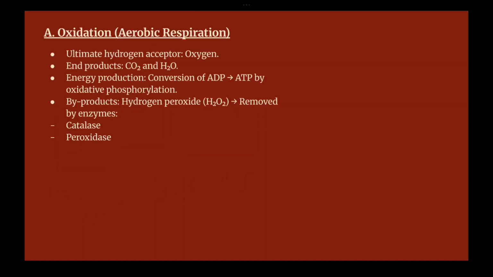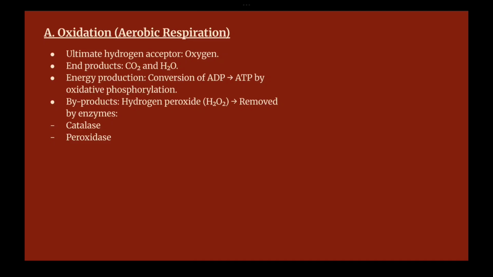Now, oxidation or aerobic respiration. Here, the ultimate hydrogen acceptor is oxygen. So, in aerobic organisms, due to the presence of oxygen around it, the hydrogen that is produced during the process of metabolism is accepted by the oxygen. The end products obtained here are carbon dioxide, CO2, and H2O, which is water.